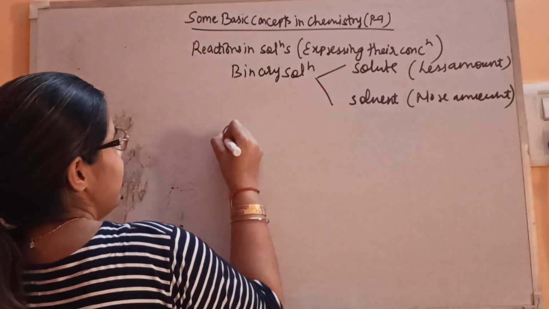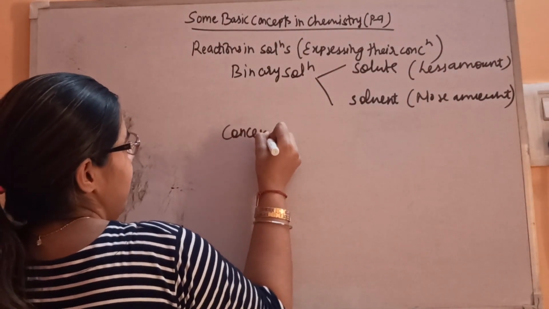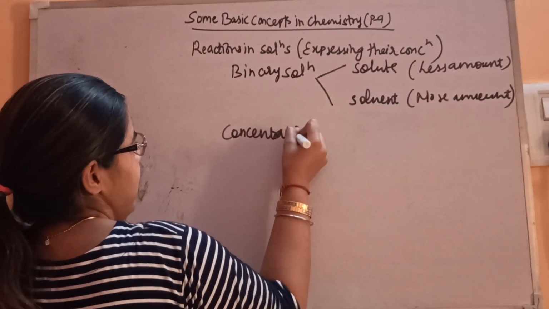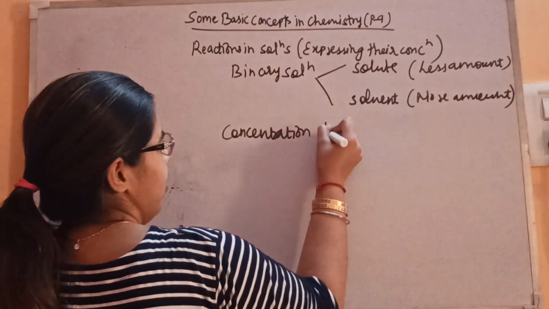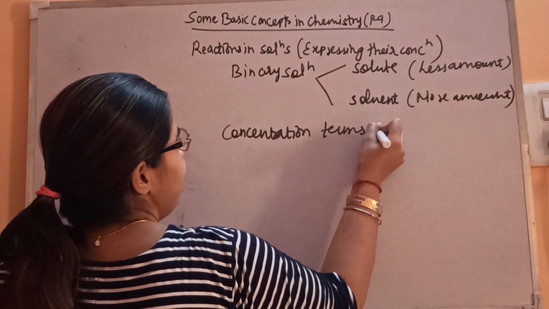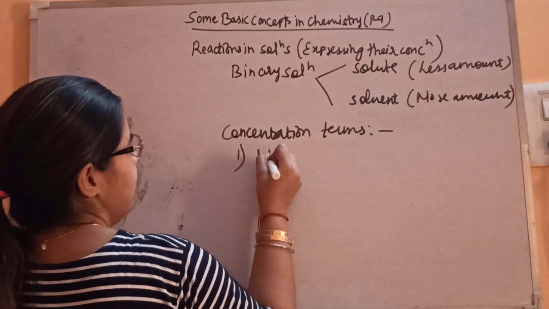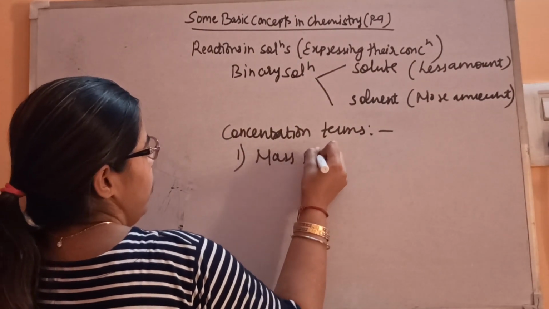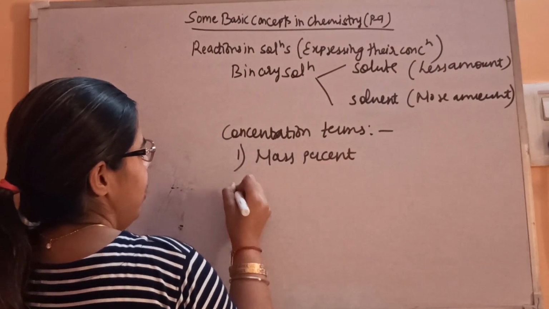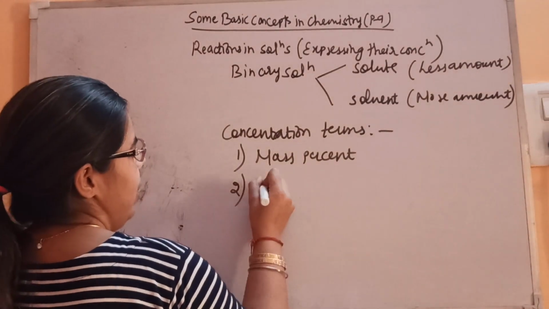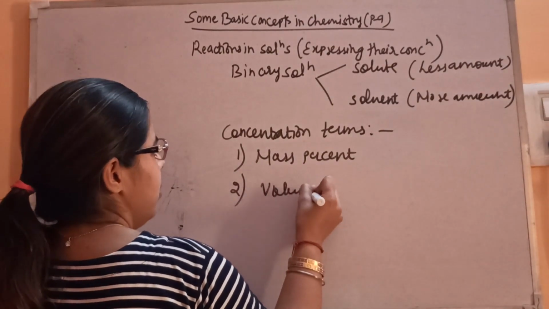The solutions can be expressed in the following concentration terms. Let's see all the terms, then we'll discuss one by one. First is mass percent. Few of you have studied this in 9th standard as well, so we'll see the repetition of that. Second, volume percent.